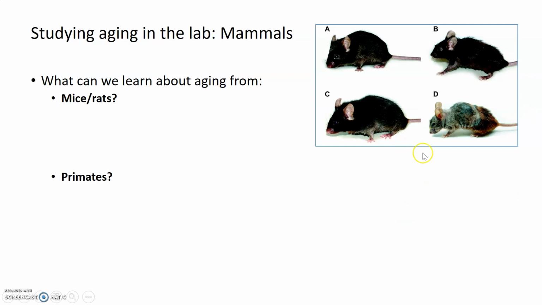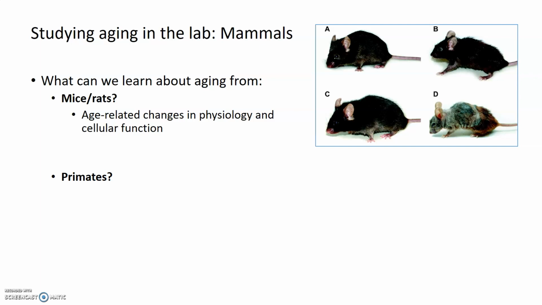So over here you can see a picture of some mice. A and B are a young and an old mouse. C and D are a young and an old mouse. But the difference between B and D is that D actually has progeria-related mutations, or premature aging mutations, involved in it. And so we can use mice and rats because mammalian physiology and cellular function is very similar between mice and rats and humans.